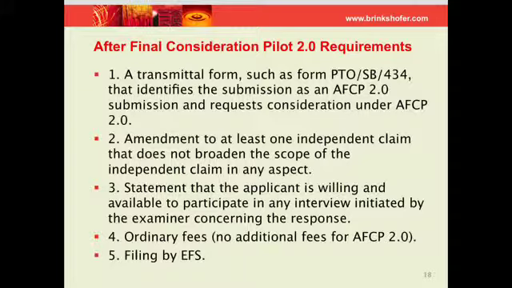And as an aside, one of the problems with the lack of uniformity in the pilot program 1.0 was that the examiners were contacting the applicant's attorney pro forma. They would just call, leave a message, and if the applicant's attorney didn't call back, the examiner would simply say the applicant's attorney was unavailable, and so the pilot program 1.0 won't be instituted.